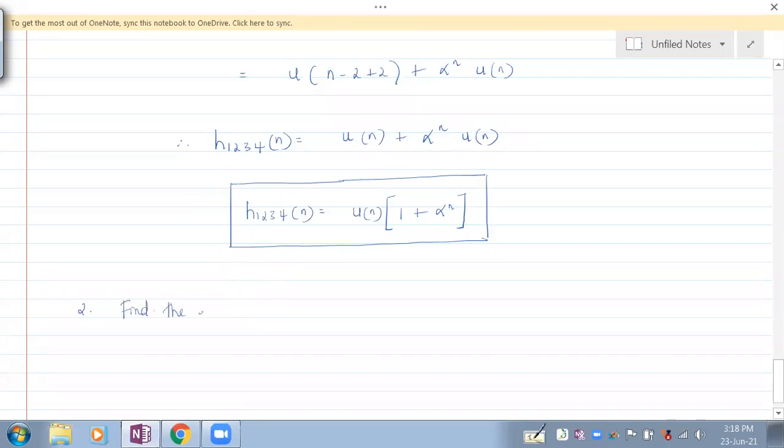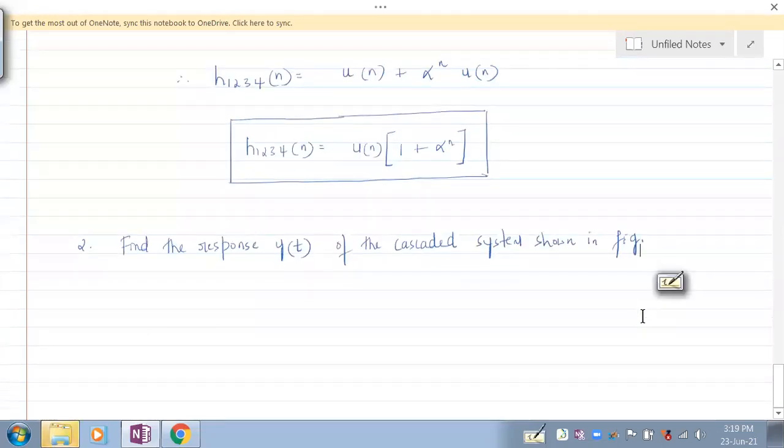Find the response y of t of the cascaded system shown in figure.